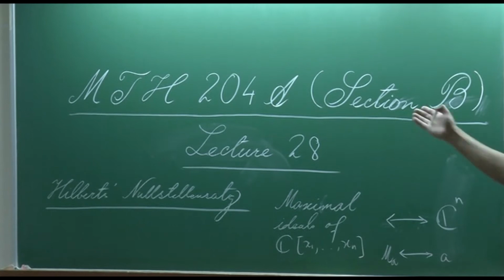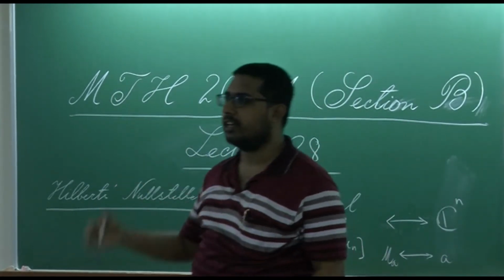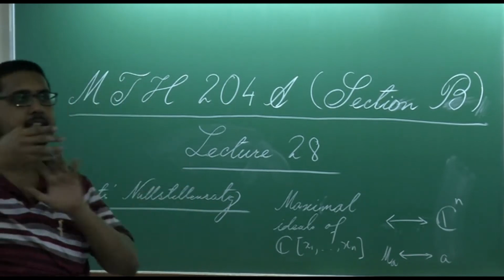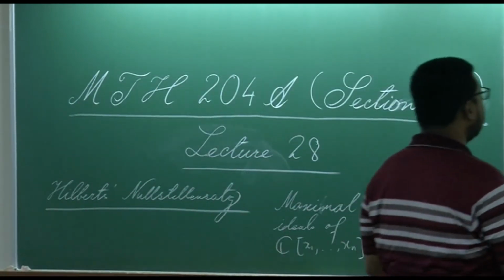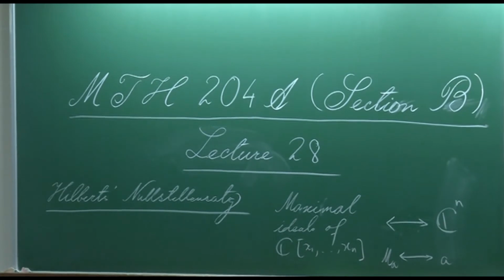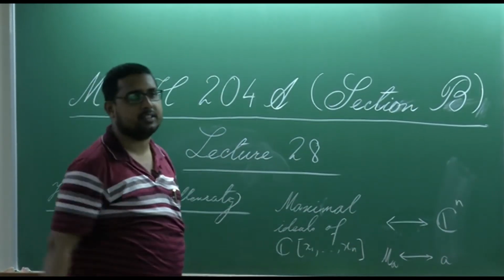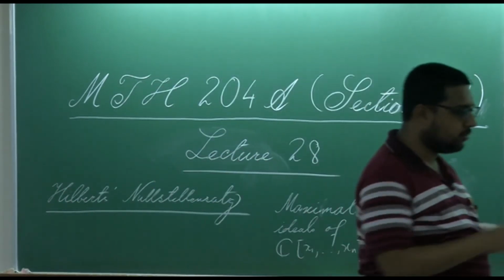We will see how, by means of the Nullstellensatz, algebraic varieties and the maximal ideals of the quotient rings are related. In fact, Hilbert's Nullstellensatz is the gateway of the study of algebraic varieties.